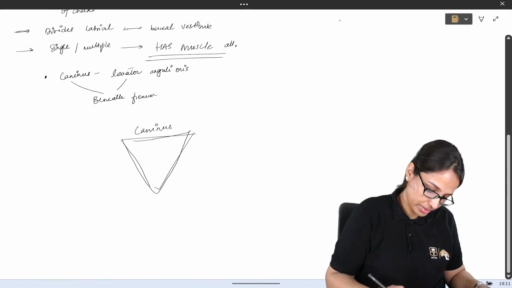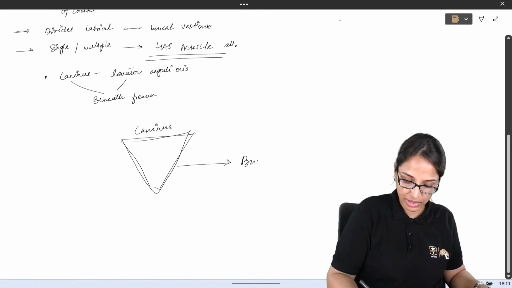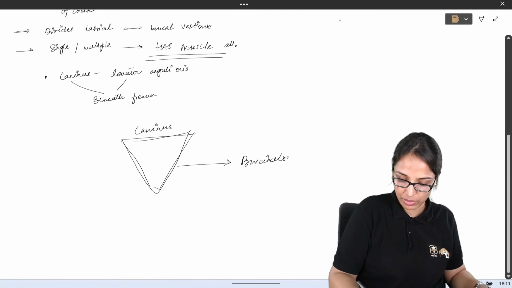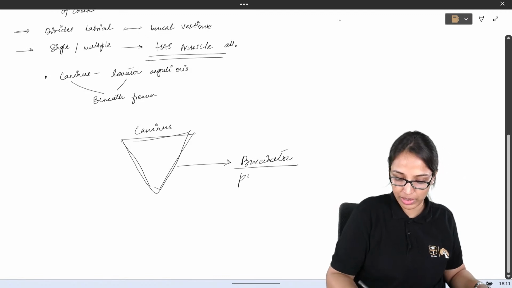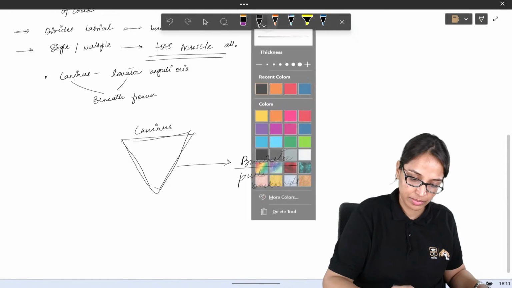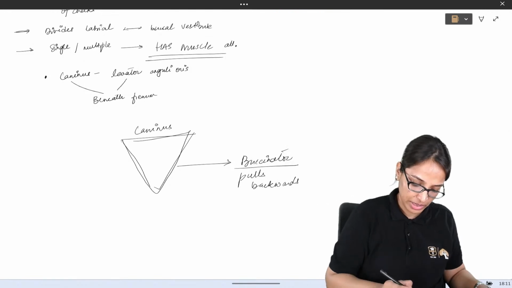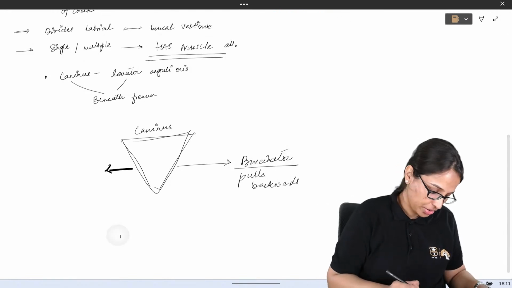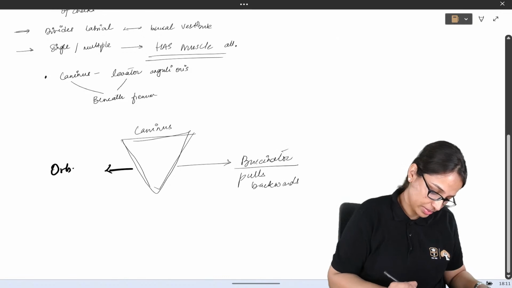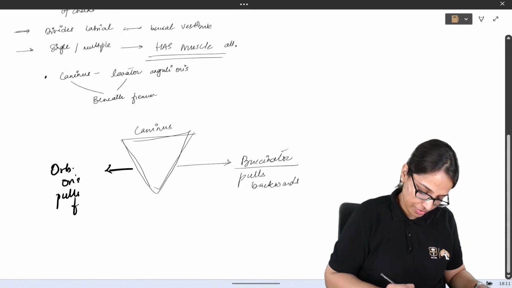Then posteriorly, you will have buccinator. What will buccinator do? It pulls it backwards. And if you see anteriorly, you will have orbicularis oris that pulls it forwards.